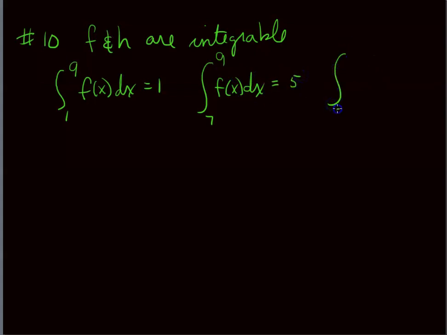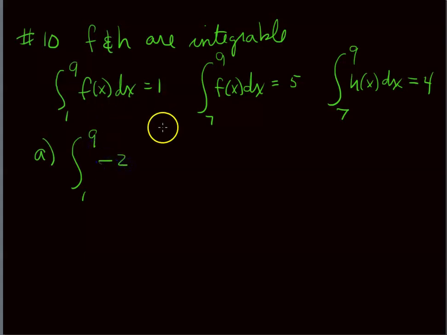And the integral from 7 to 9 of h of x dx is 4. So we're supposed to use the rules of integration to find the integral from 1 to 9 of a -2 times f of x dx.